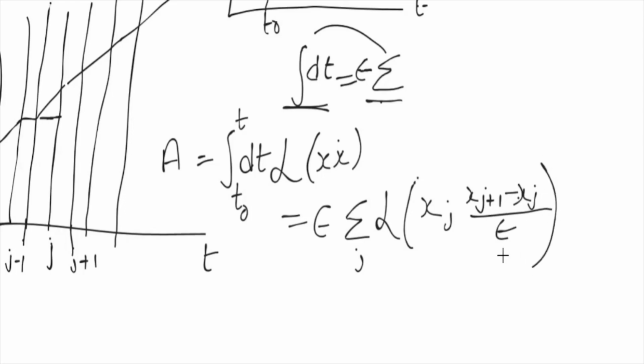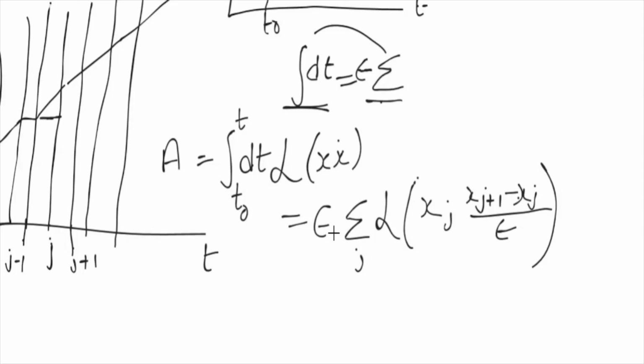And what is this? This is x dot, the velocity. How? Because change in distance upon time is velocity. So this action, which is in integral form, can now be written like this in the approximate theory. Now we sum it over all j, and that's the approximation of the action.